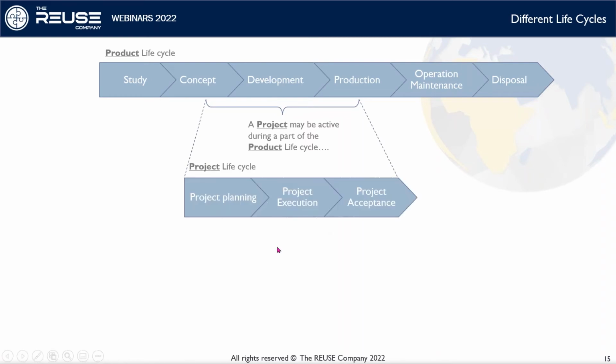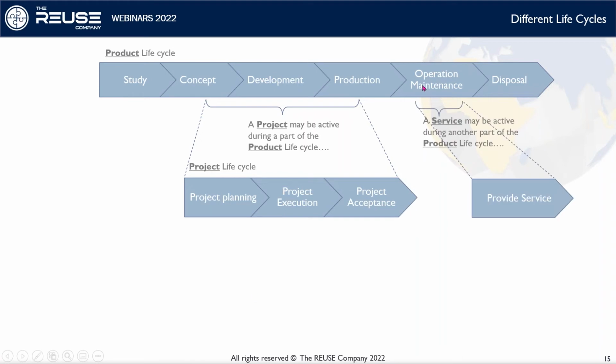And the project as such has its own life cycle. You should plan your project, you should execute it, and you should have some sort of project acceptance. This is a very simplified life cycle, but just to illustrate that the project has a different life cycle than the product. And even so, in the operational and maintenance phase, you may need to define a service for the product to be maintained during operation. And the service as such does have its own life cycle.